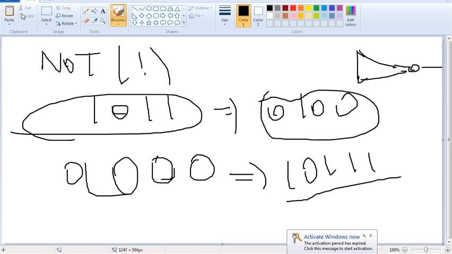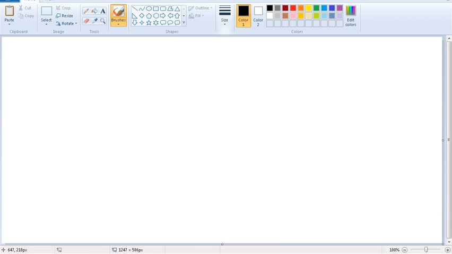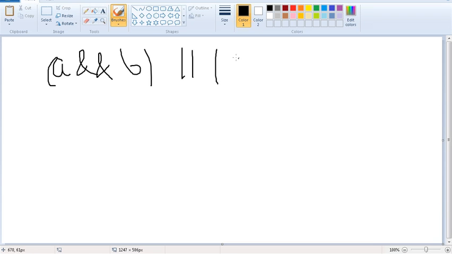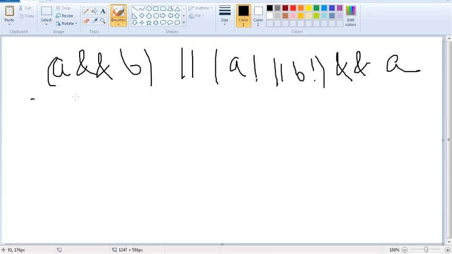Now let's do some circuits so that you can understand. Suppose this is my input A and B, then A naught, B naught, there is the AND operation also, then there is the AND operation of A. This is my equation.